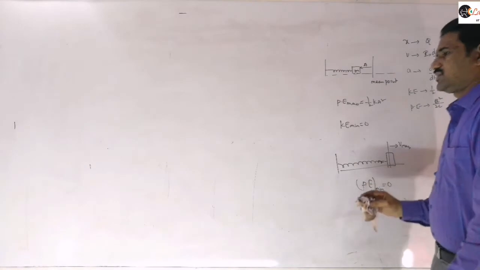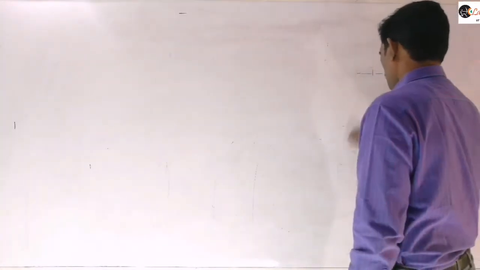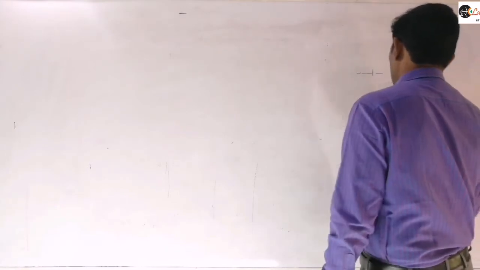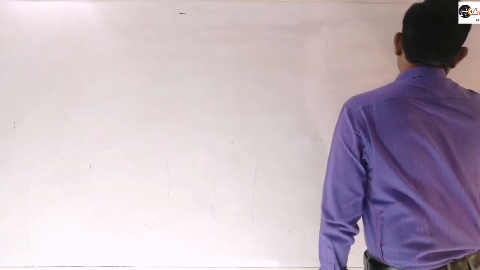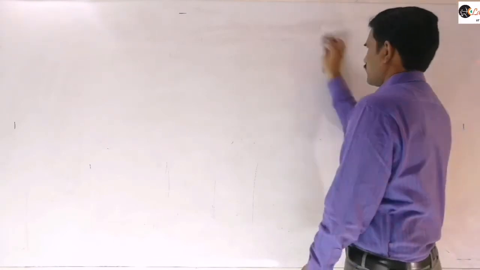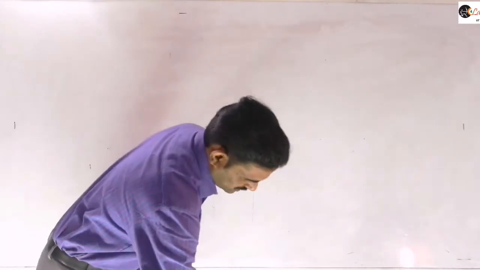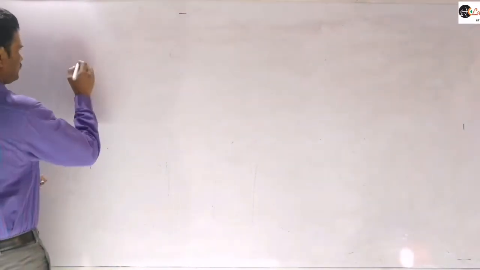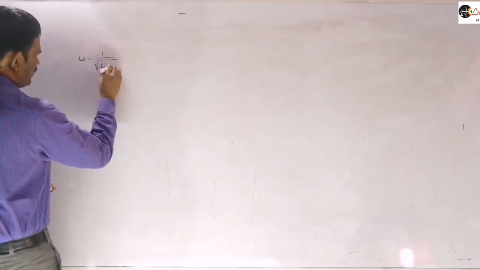If the circuit consists of more number of capacitors, then the angular frequency of the circuit is given by omega is equal to 1 over the square root of L into C effective.